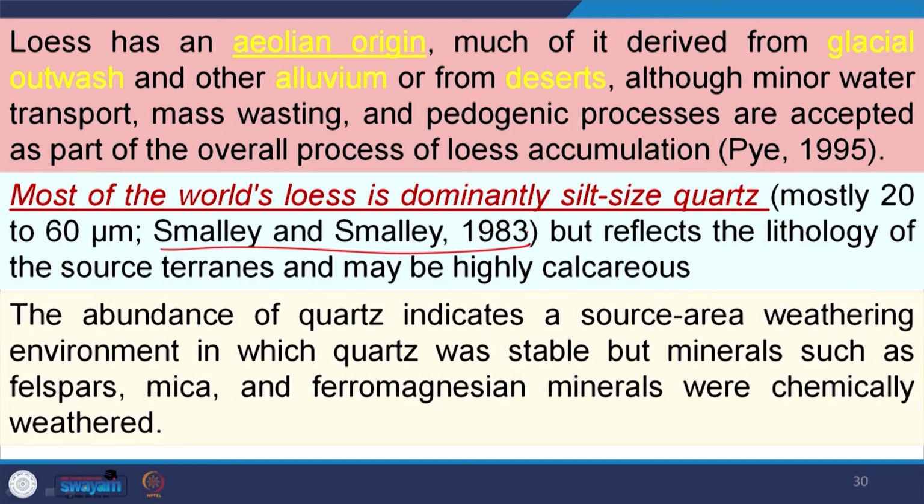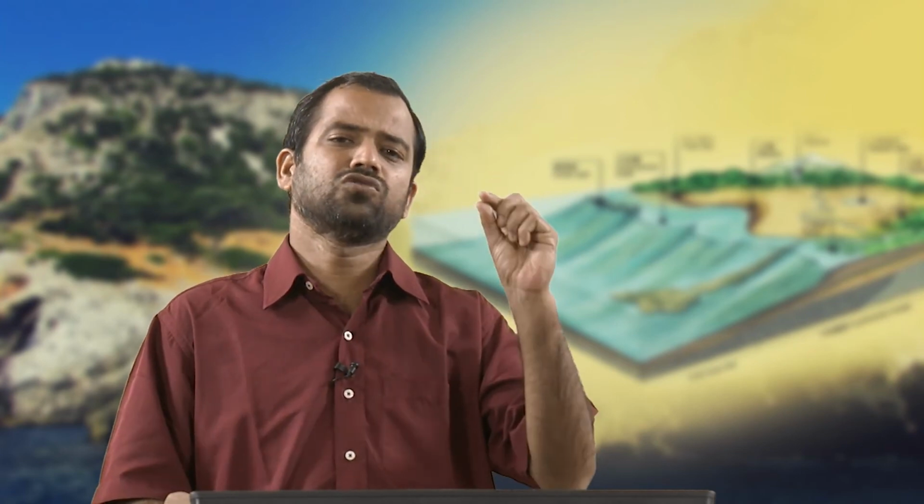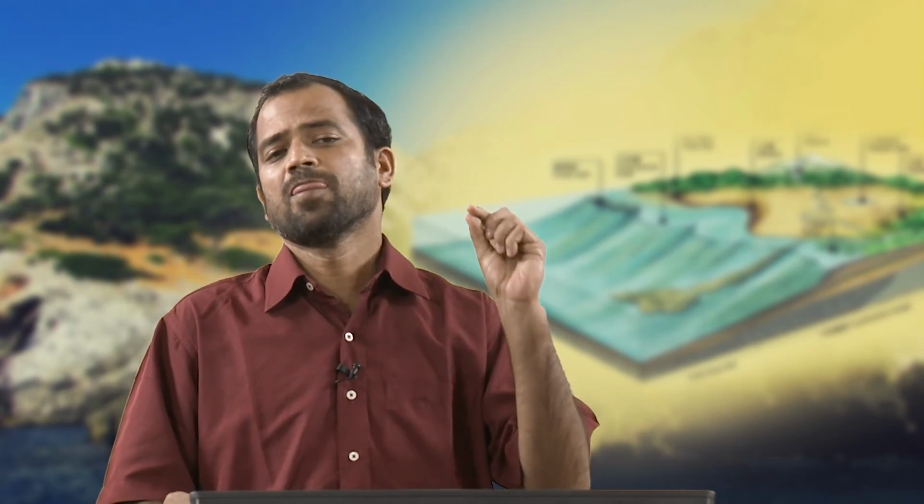The term loess comes from the German word for loose, unconsolidated. Loess has an aeolian origin, largely derived from glacial outwash and other alluvium or from deserts, although minor water transport, mass wasting and pedogenic processes are accepted as part of the overall process of loess accumulation. Loess is loose, unconsolidated material, mostly silt with less clay.